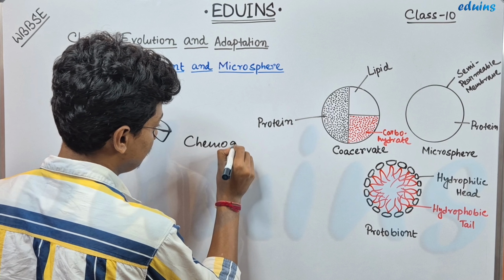This chemogenetic theory has 3 parts. What are they?